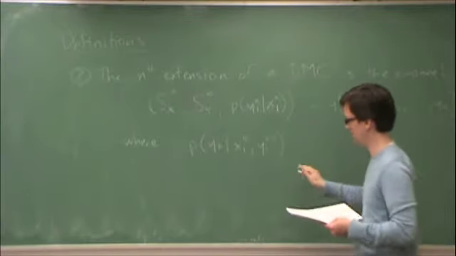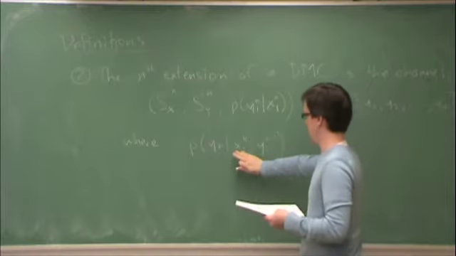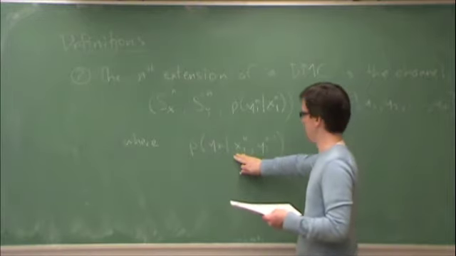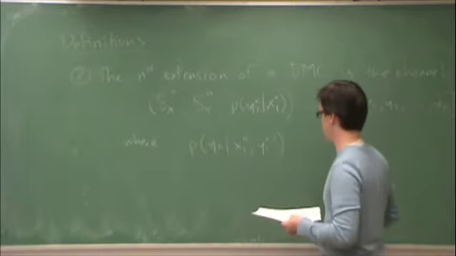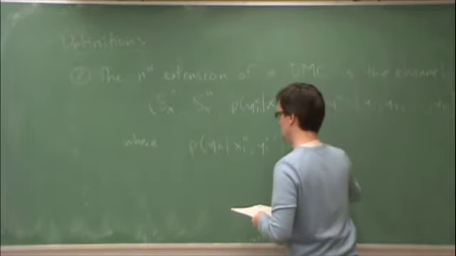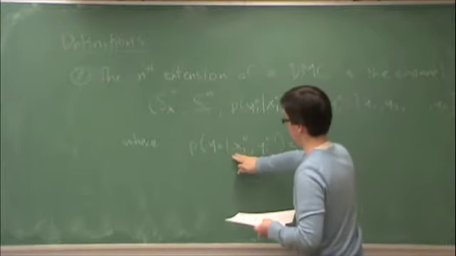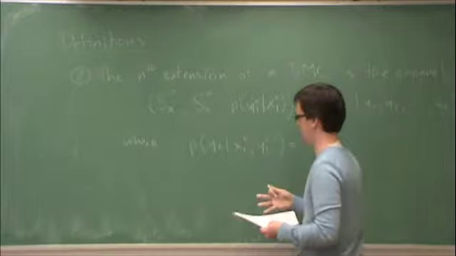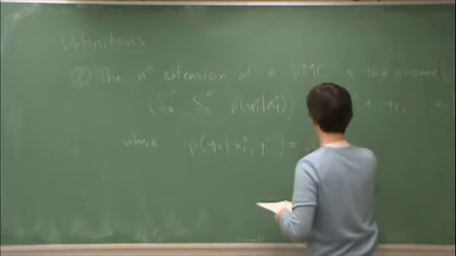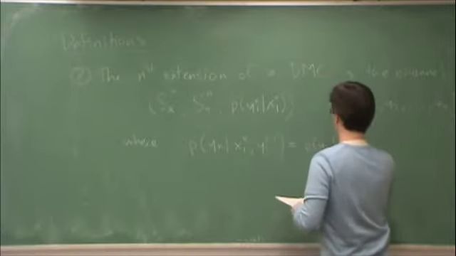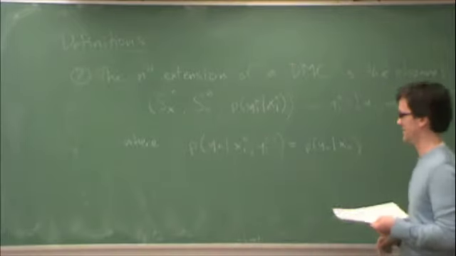Because it's memoryless, what this is saying is what's the probability of the output given the entire history of the inputs and the entire history of all the outputs up to the present. This has to equal, because it's memoryless, the output doesn't depend on anything except what's happening right now. So this is equal to the probability of yk given xk. None of this history matters except for the input xk.